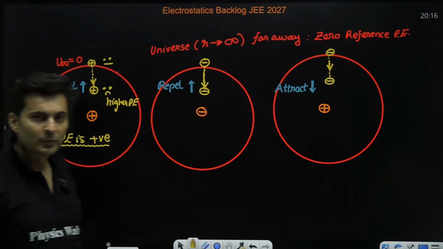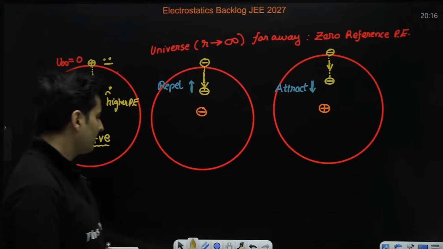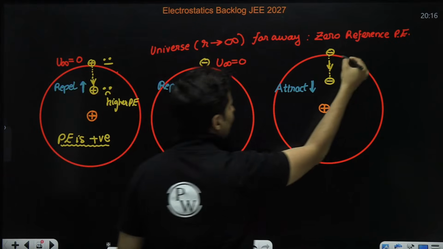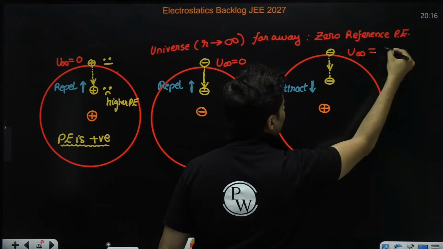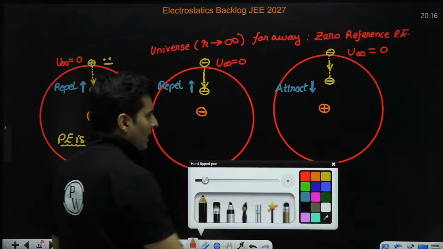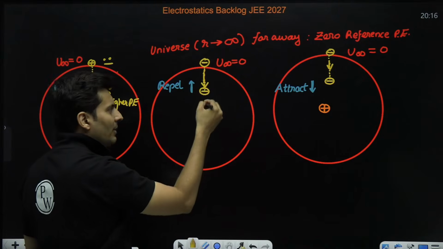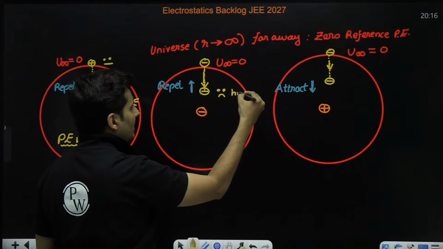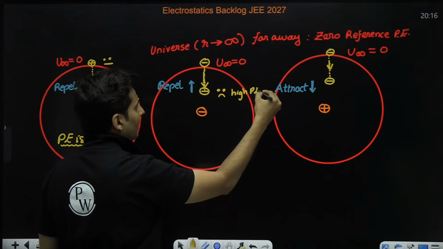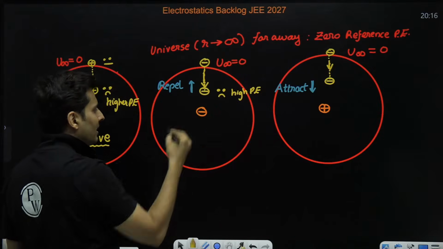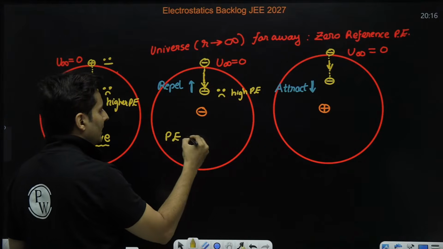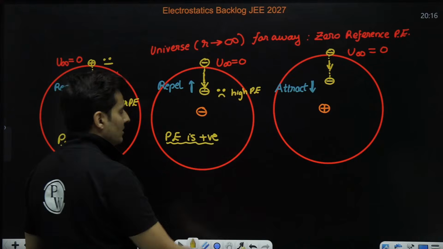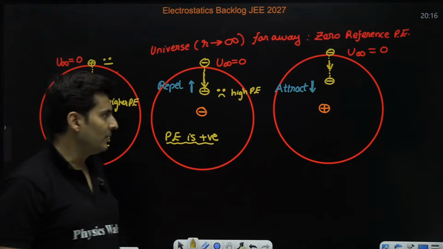Similarly over here, when you are infinitely far away, U at infinite distance, the potential energy is 0. In this case, again you are coming against your repulsion, so you are definitely going to be sad. That means higher potential energy, higher than 0. So the potential energy is going to be positive in value.